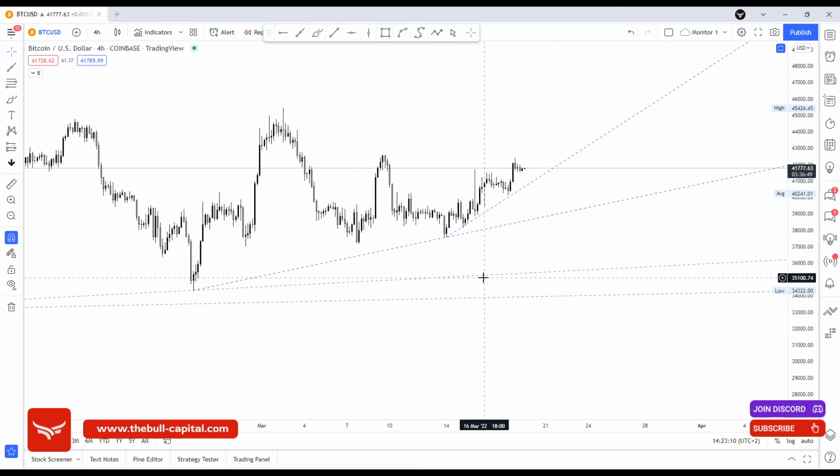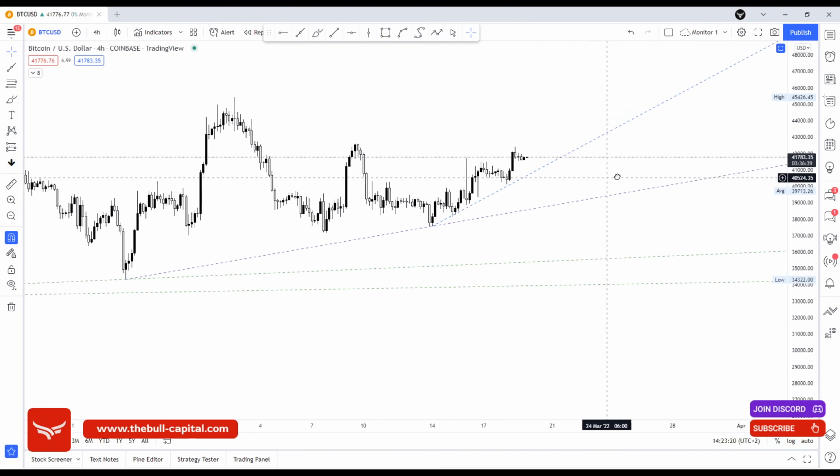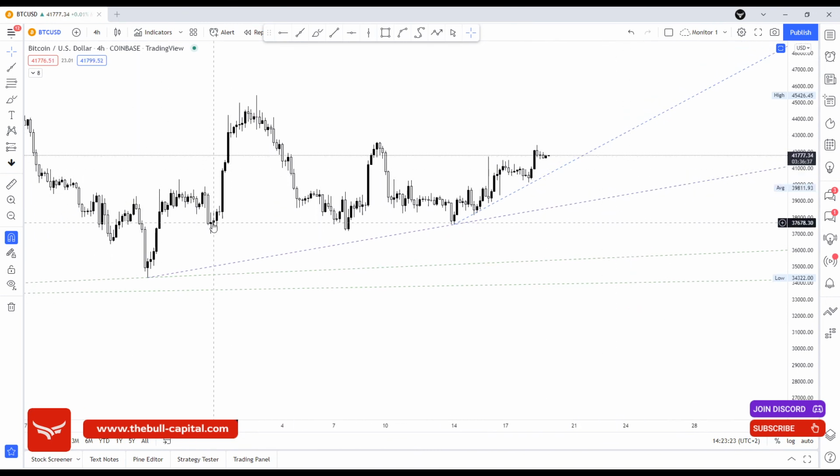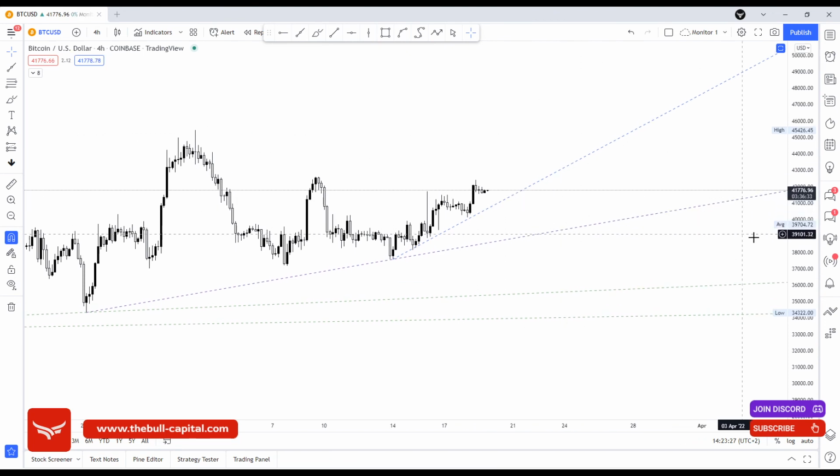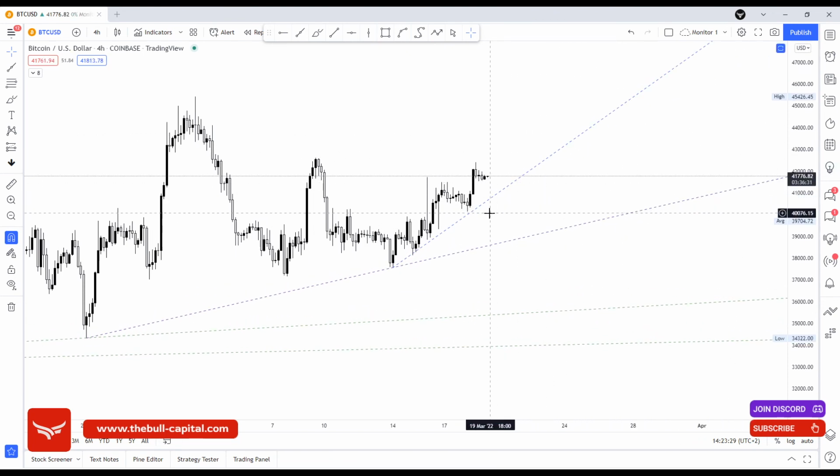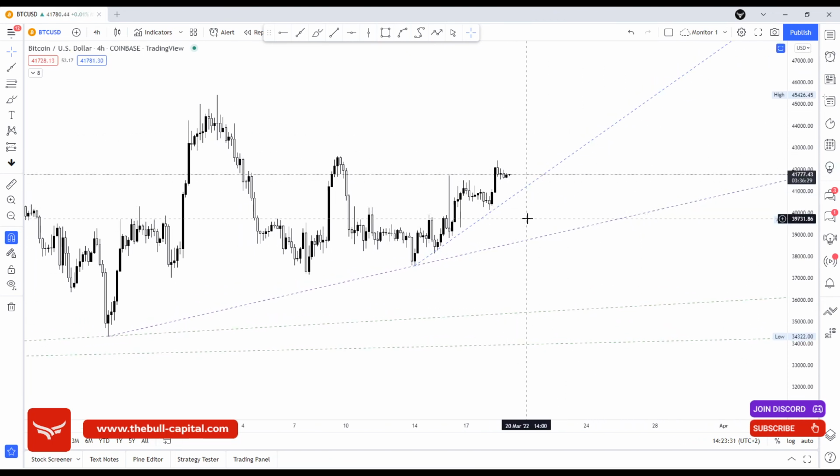For example, this blue trend here on the 1 hour time frame has been touched many times, while the purple trend still hasn't been touched yet.